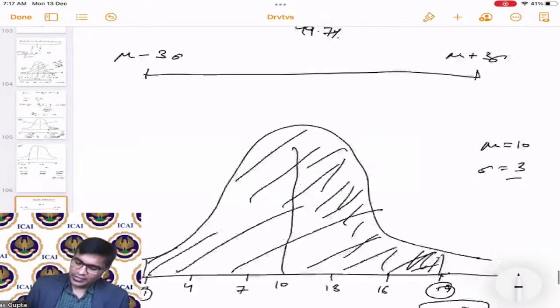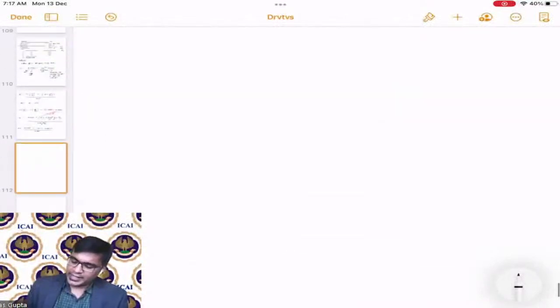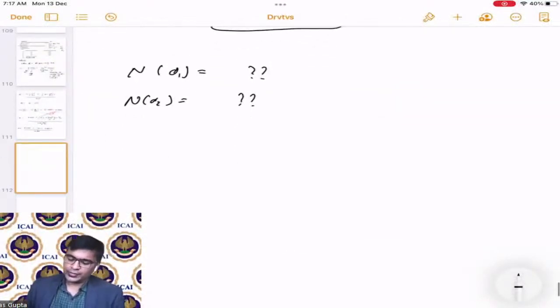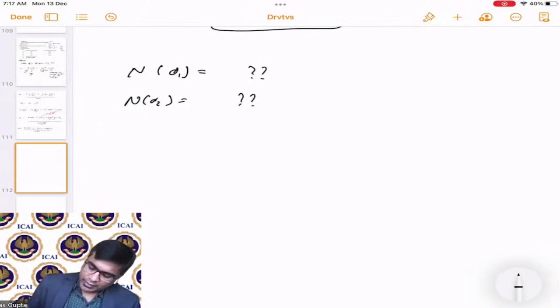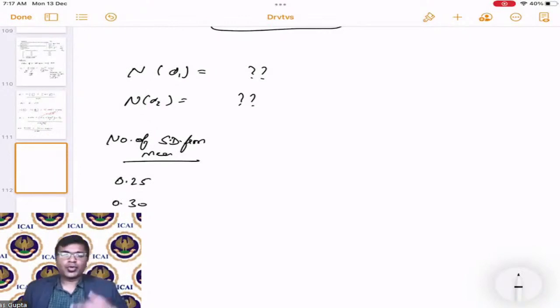So first of all, to convert that from left to right, we need to first take out the cumulative values. The number of SD from the mean is useful for the Z score, correct? 0.25 and 0.30 are given. Then 0.55 and 0.60 are also given.